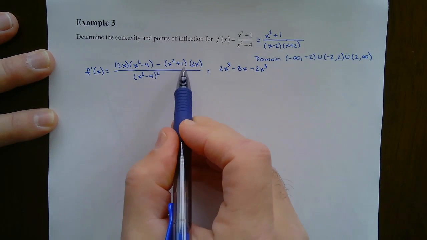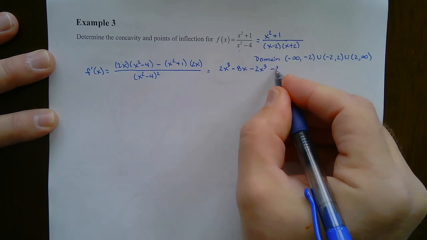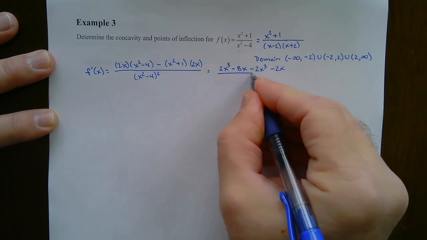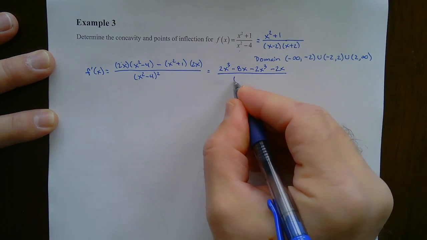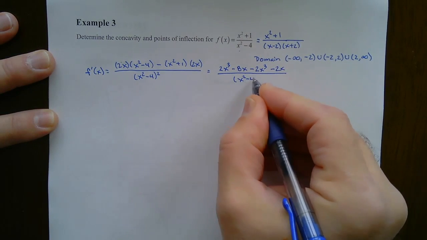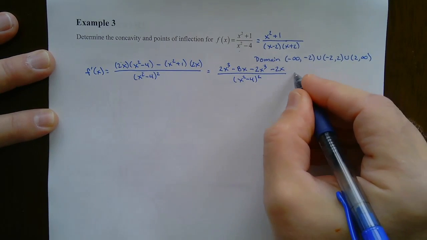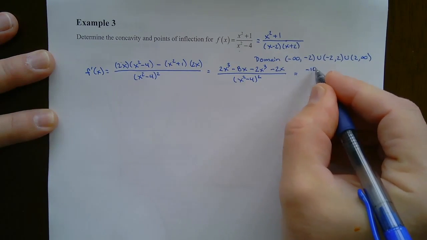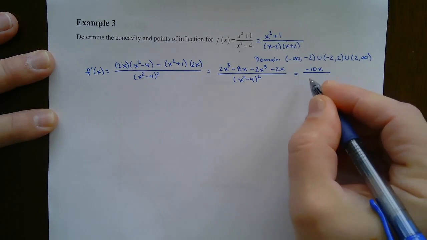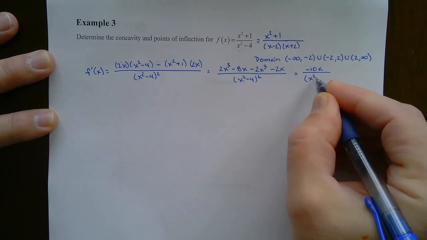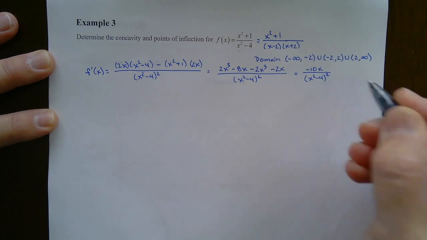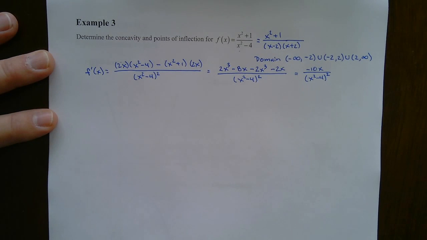And then negative 2x times 1 would be minus 2x, all over x squared minus 4 squared. And then simplifying the numerator, we would wind up with negative 10x over x squared minus 4 squared. All right, so that's the first derivative.